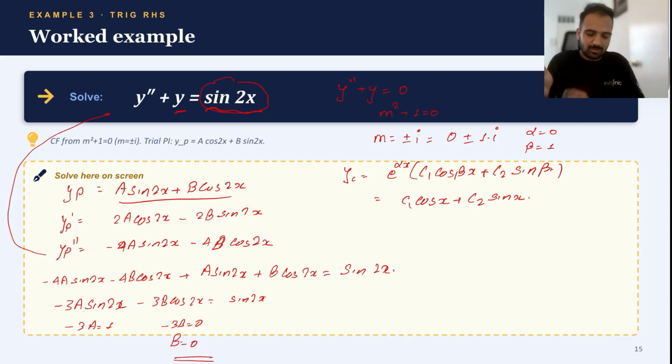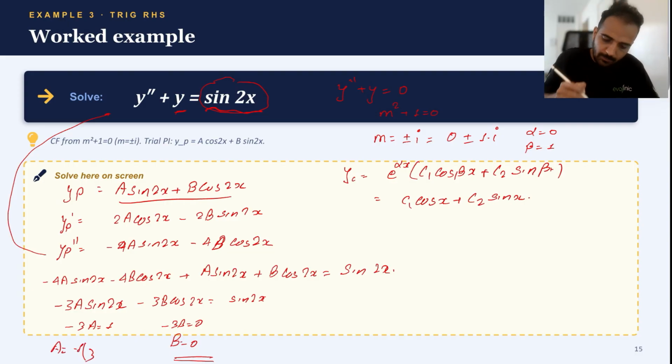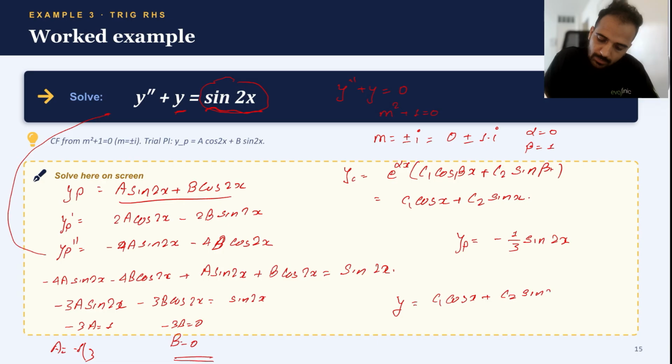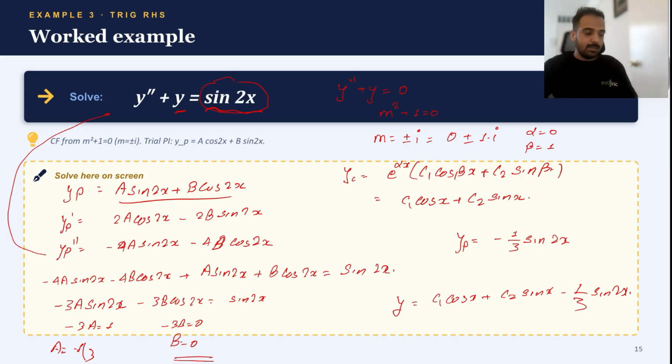There will be no cosine term. Your a will be negative 1 over 3. That means your yp will be nothing but negative 1 over 3 sine 2x. Your final solution will be c1 cos x plus c2 sine x minus 1 over 3 sine 2x. That's it. So this will be your final solution for the given ODE.